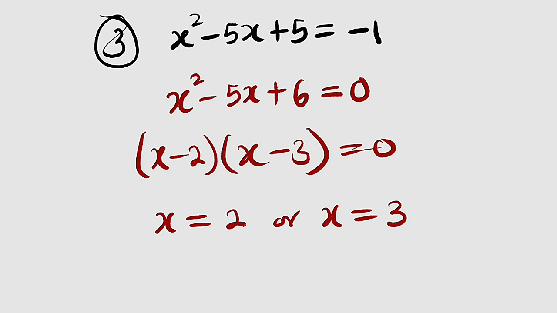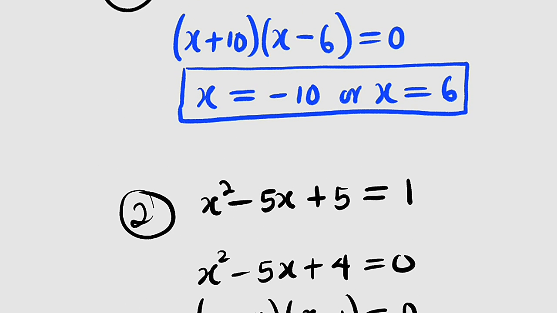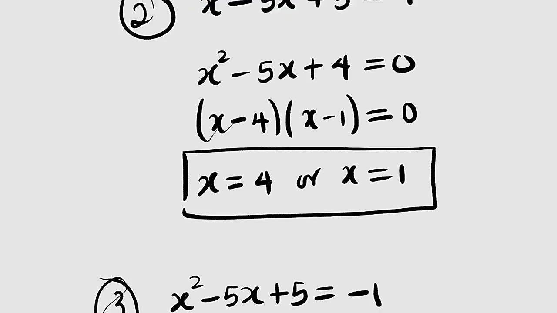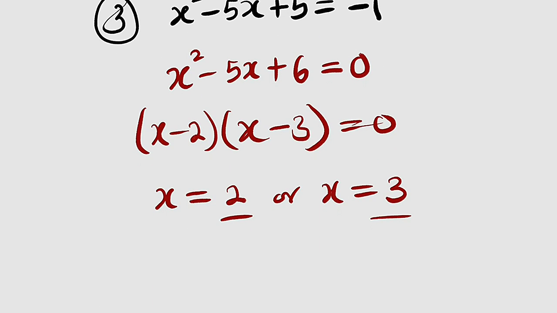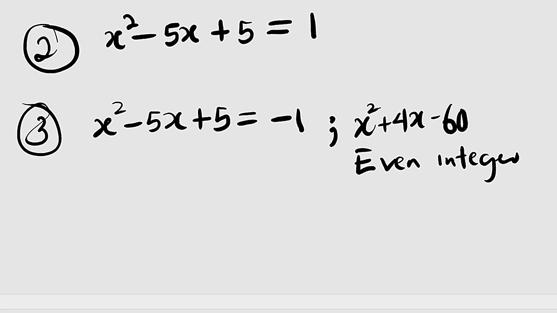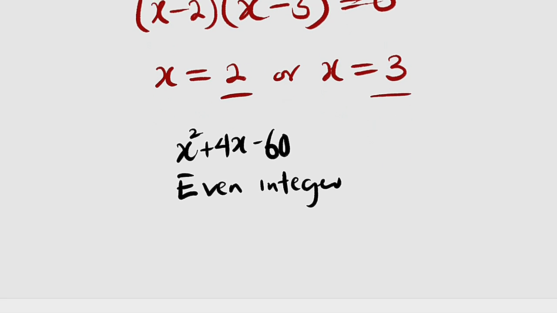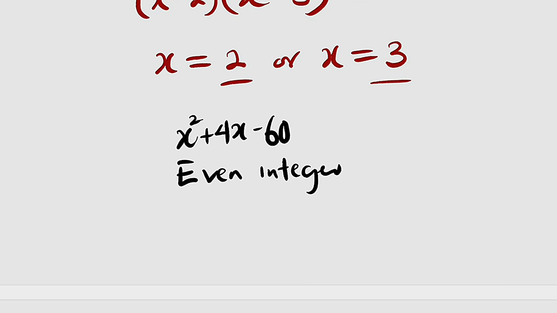But we are not going to conclude yet. We have to substitute these values into the exponent. It is only if the exponent is an even integer that we are going to conclude that the value is a solution. So what is the exponent? The exponent is x squared plus 4x minus 60. We are going to substitute x equal to 2 and also x equal to 3. Let me start with x equal to 2.